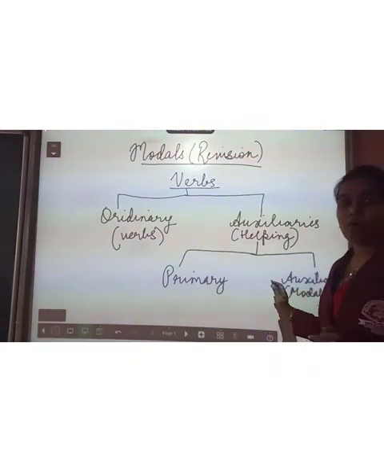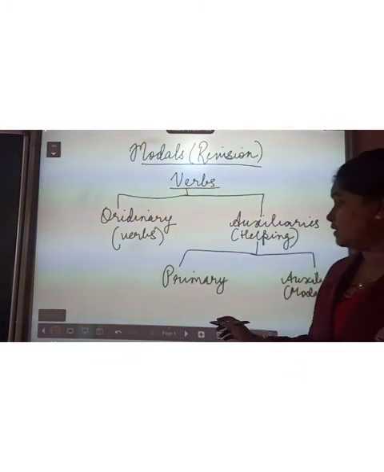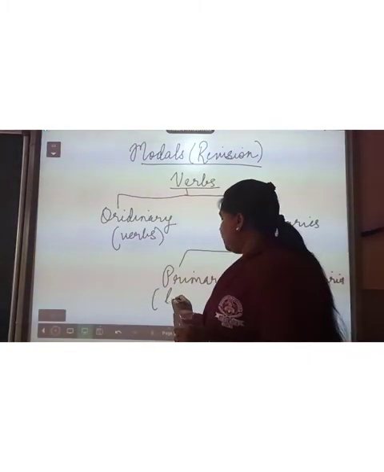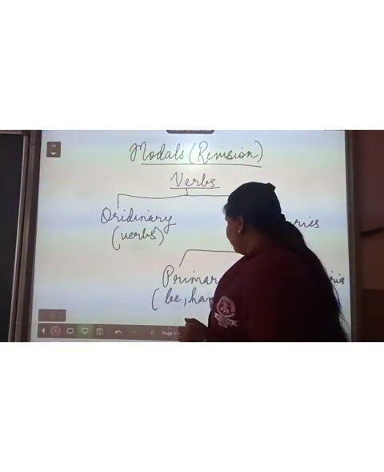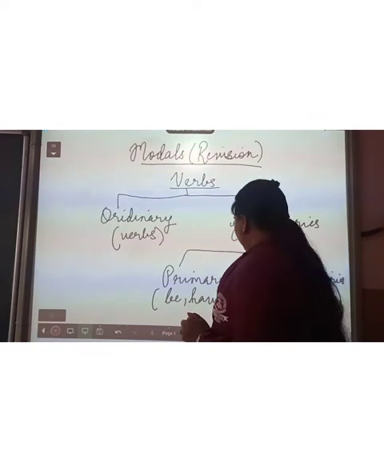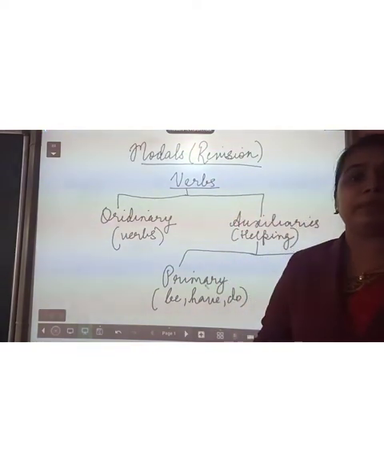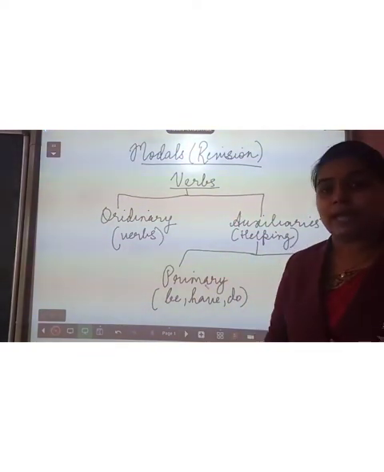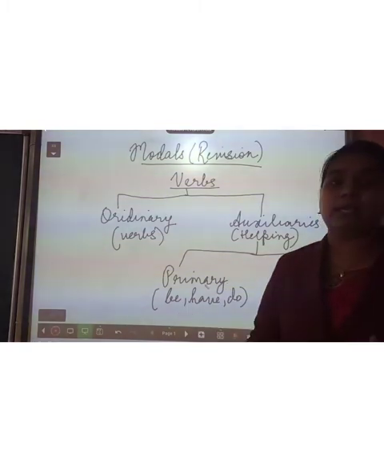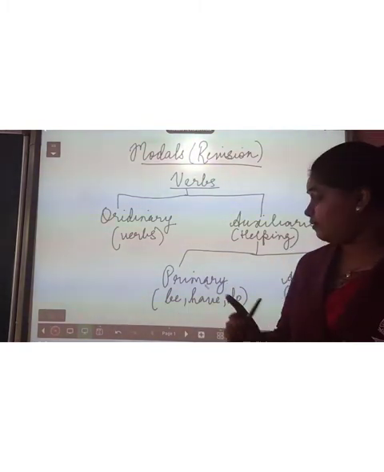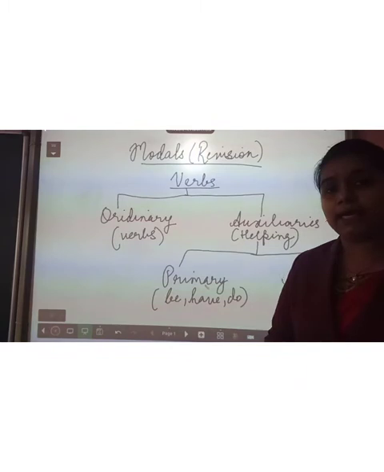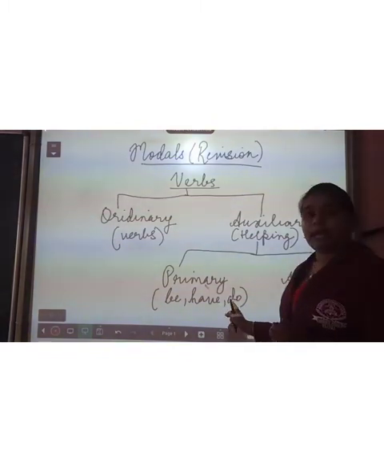So these are the two forms that we have learnt. Primary is, as I have told you, the three: be, have and do. These are the three primary auxiliary verbs and they have their own forms. Like be: is, are, am; have: have, has, had; and do: do, did and does.